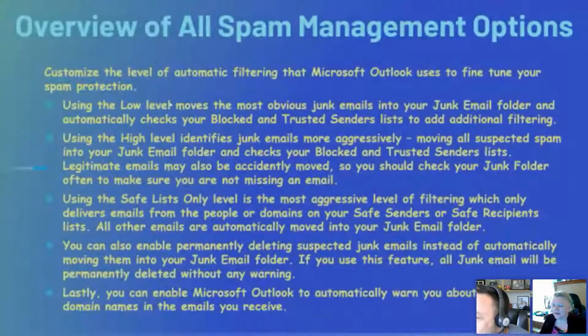In addition to the safe senders and the block senders, you could also use Outlook's low, medium, or high detection setting to have Outlook automatically make a determination of what might be junk and what isn't, and then move what it considers to be junk automatically to the junk box. So it's not something you tell Outlook what the rule is or which email address to block. It's just purely Outlook's decision on what it thinks is legitimate or not legitimate.